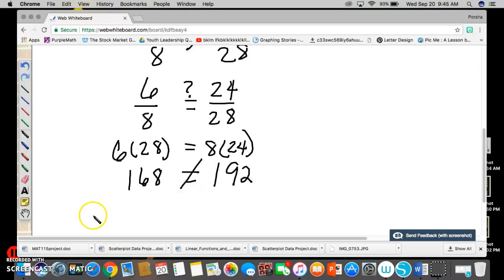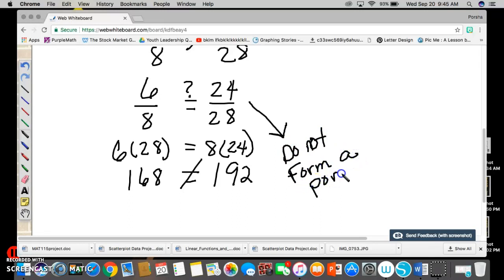So that means that the cross products are not equal, and that also means the ratios do not form a proportion. So these ratios do not form a proportion. So that's all for that one.